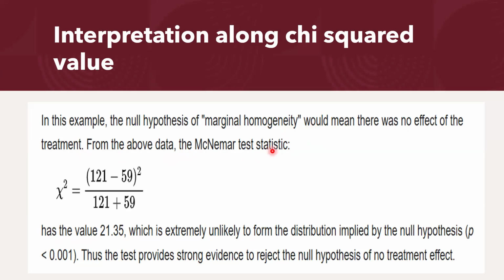From the above data, the McNemar test statistic has a value of 21.35, which is extremely unlikely to come from the distribution implied by the null hypothesis, with P less than 0.001. This provides strong evidence to reject the null hypothesis of no treatment effect. That means the alternate hypothesis would be applicable here.